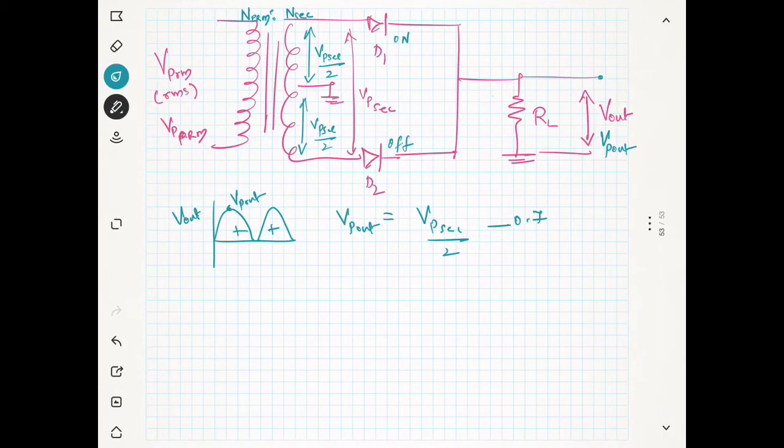So how to find Vp secondary? Vp secondary is equal to Vp primary multiplied with n secondary divided by n primary. It's the same equation as in the half wave rectifier. And how to obtain Vp primary?